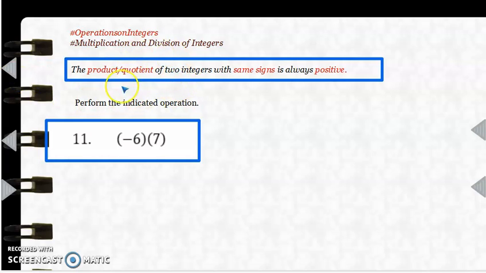If the two integers that you are multiplying or dividing are of different signs, take note, different signs, then the product is always negative. So here, a negative and a positive, when multiplied together, will give a negative product. And 6 and 7 will give us 42. And there you have it.